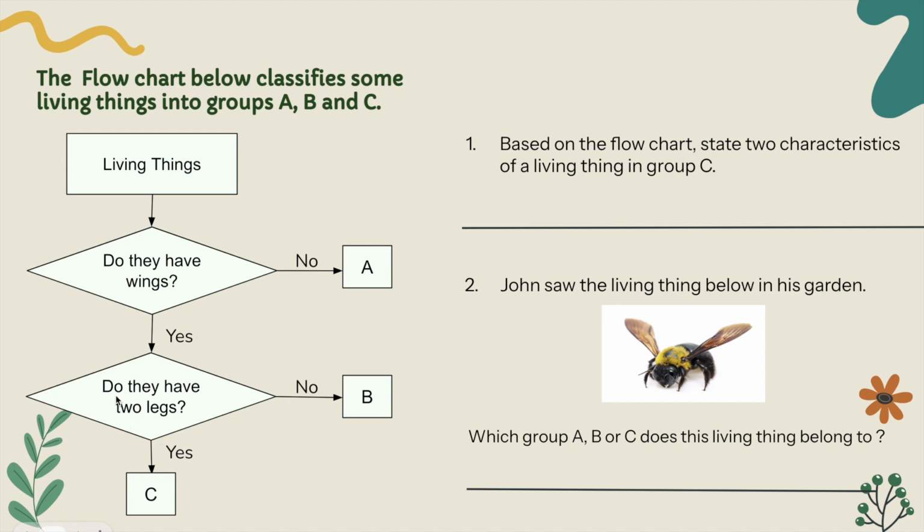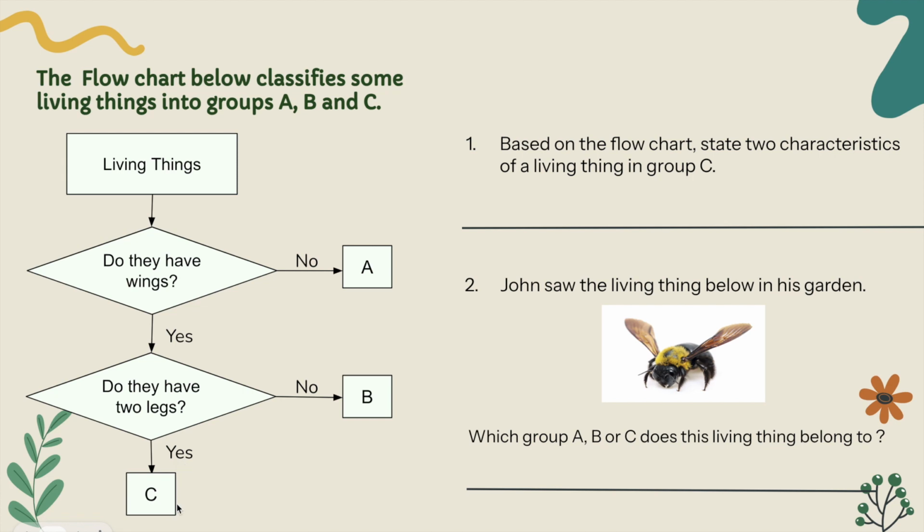Next question is, do they have two legs? The answer for group B is no. That means the living thing in group B does not have two legs. Again, do they have two legs? Yes.